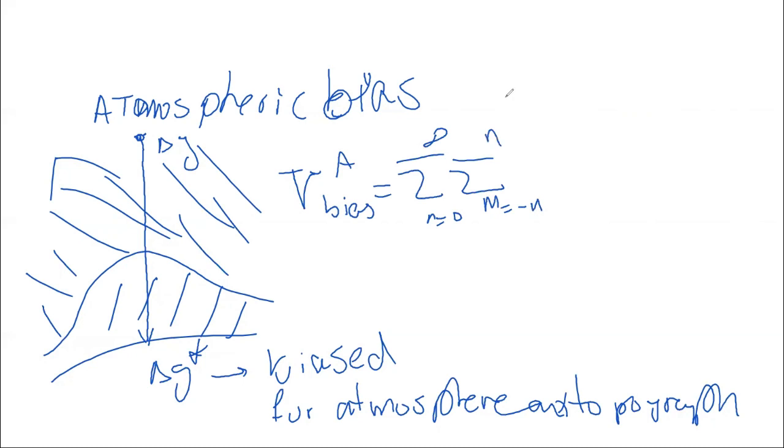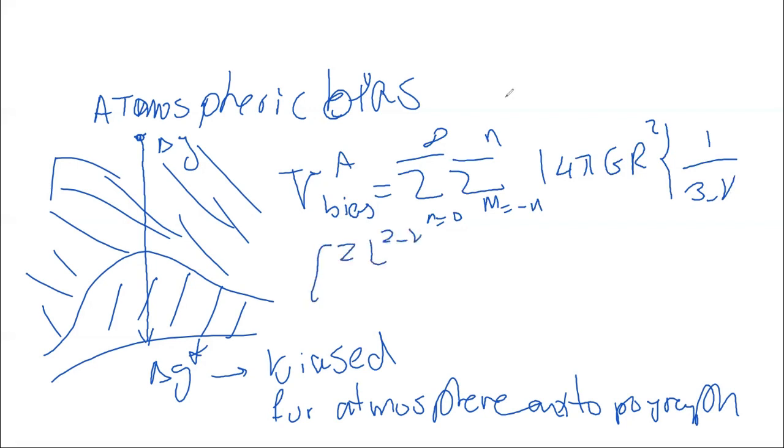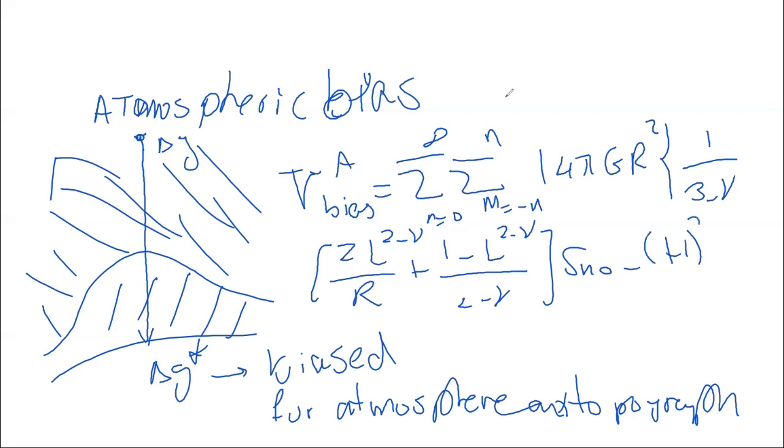It will be based on the power model that we have discussed, with R2 divided by 1 over 3 minus v, times rho. These two should be inside.